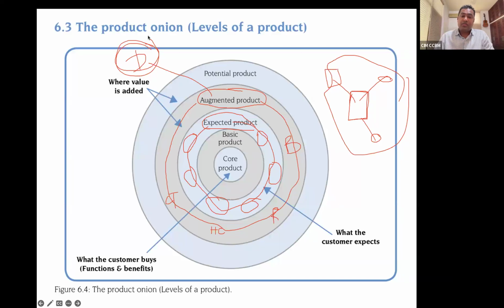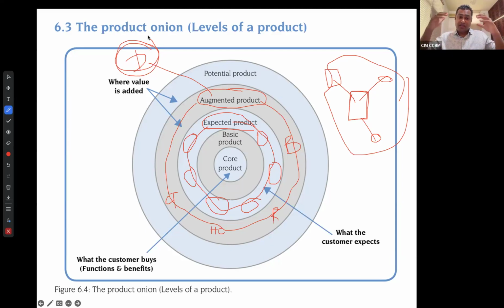So the customer will be like, wow, you're giving me free breakfast, right? If you give Wi-Fi, no, Wi-Fi is expected. Wi-Fi is a must, right? Maybe in those days you charged for Wi-Fi. In those days, Wi-Fi was at an augmented level.